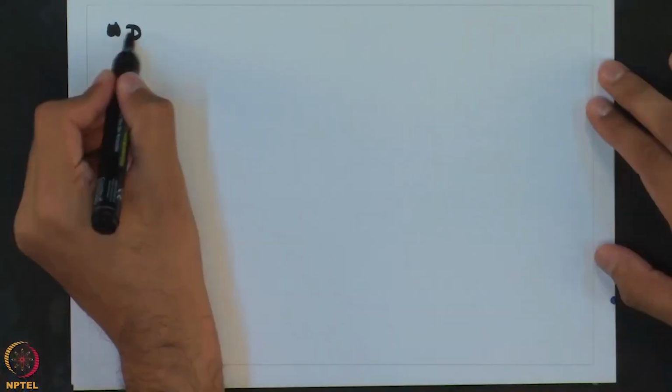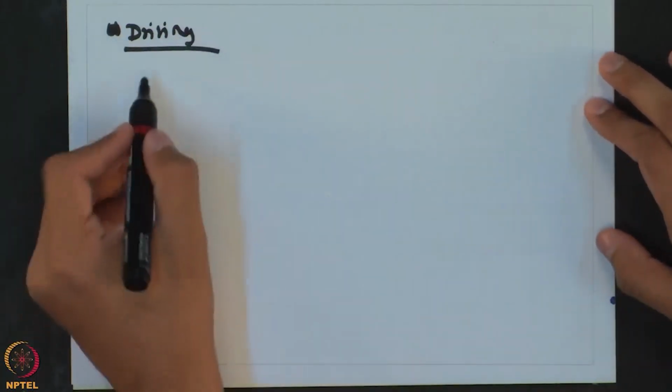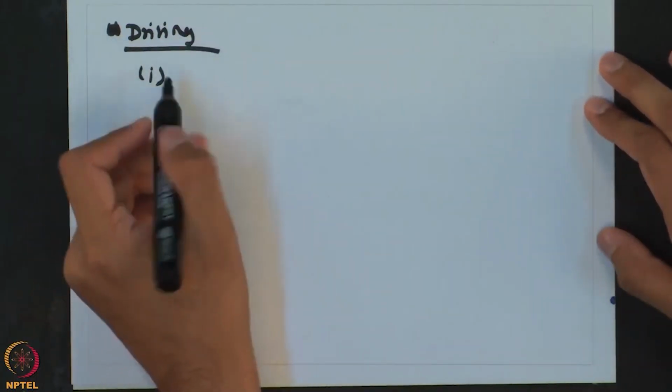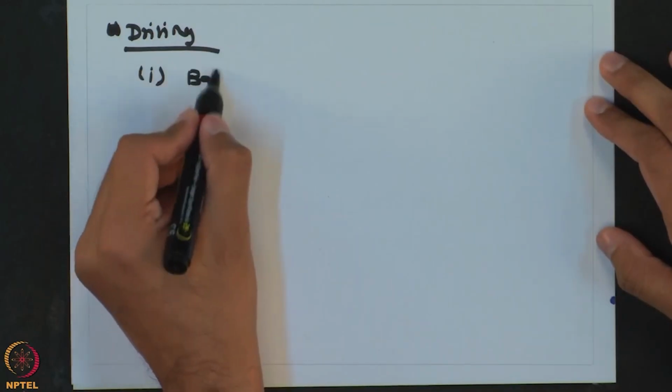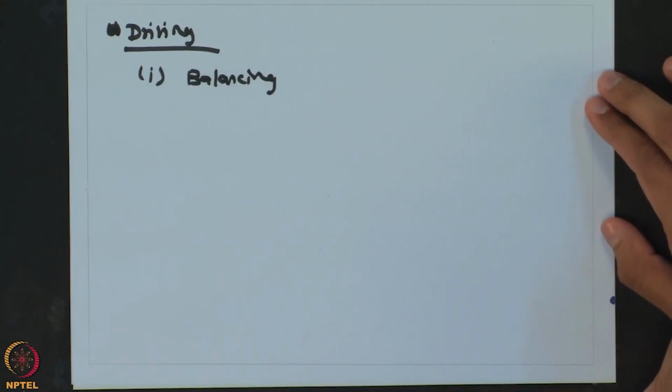Now, another commonly used example of feedback control by man is while we are driving. Let us say we are driving a bicycle, then balancing is also an example of feedback control.